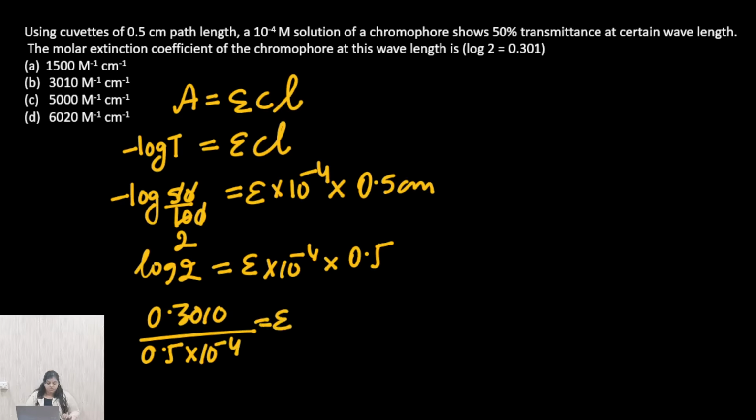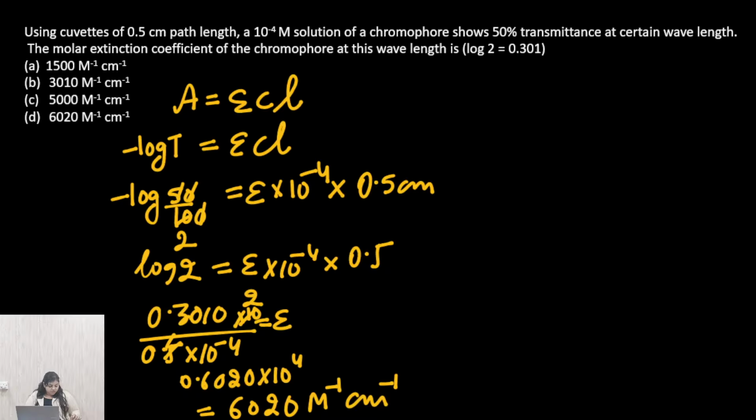This is equal to the epsilon value. So this becomes 0.6020 into 10 raised to the power of 4, that will be equal to 6020. Units will be molar inverse centimeter inverse for the epsilon value, right? So the correct answer becomes option D in this case.